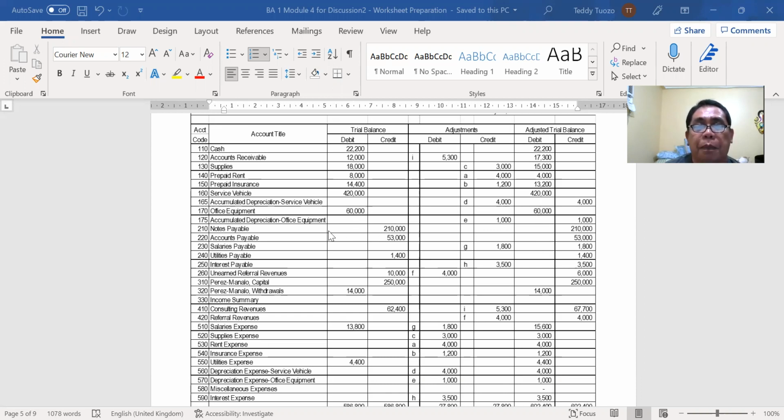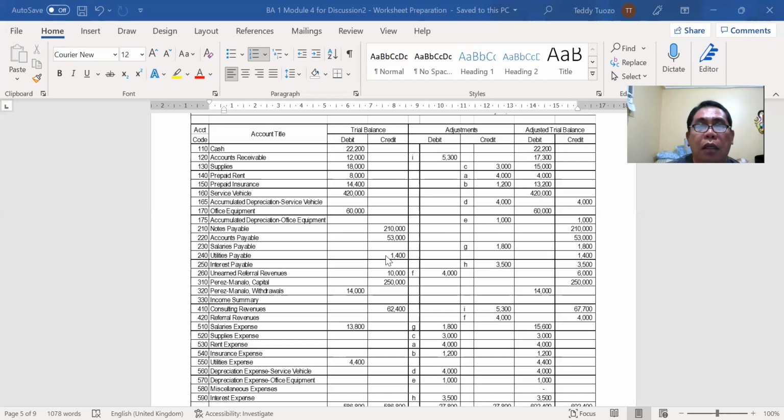And then the accumulated depreciation, ato nang prepare na adjusting entry. So 0 plus 1,000 would be 1,000, credit side, because there was no amount under the unadjusted trial balance.